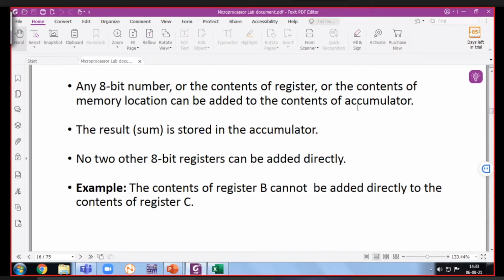Okay, so the result or sum is stored in the accumulator by replacing the original value. वो चला जाएगा. We cannot retrieve that. अगर हमने उसको store नहीं किया, so we cannot retrieve that value.